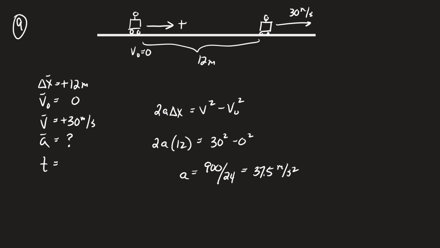All right. When you shoot an arrow from a bow, it travels 0.75 meters, the length of the arrow, while accelerating from rest to 80 meters per second. What is the acceleration experienced by the arrow? Okay, that's a very similar question, so I don't think I need to draw a picture for it since it's so similar.